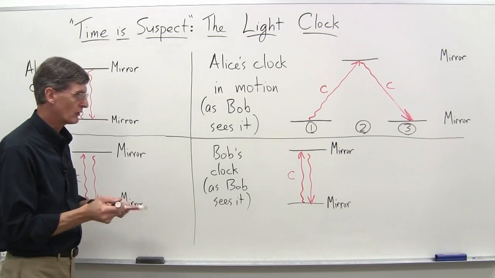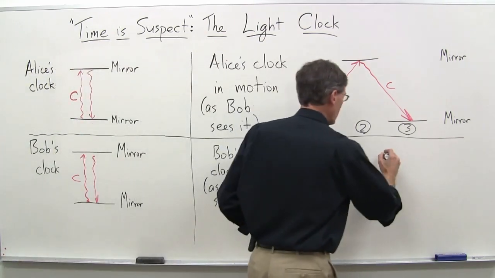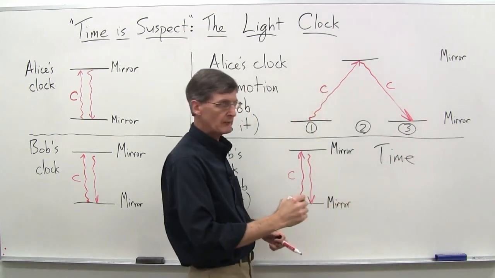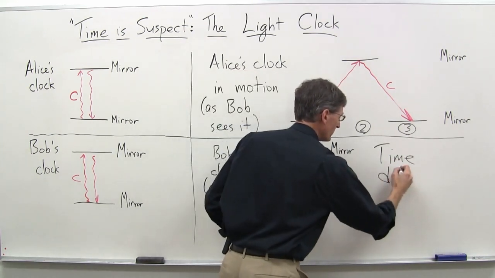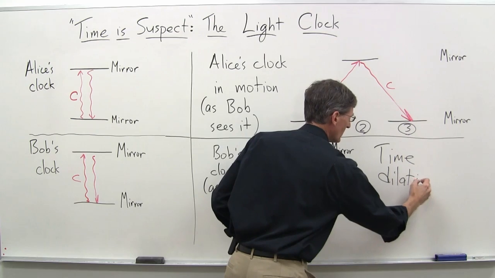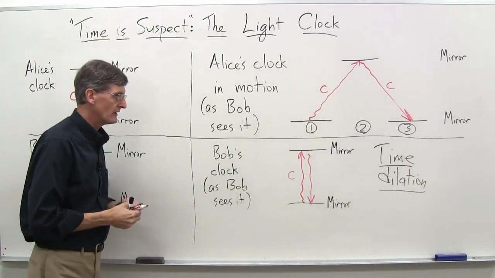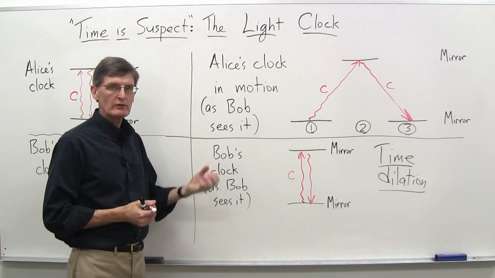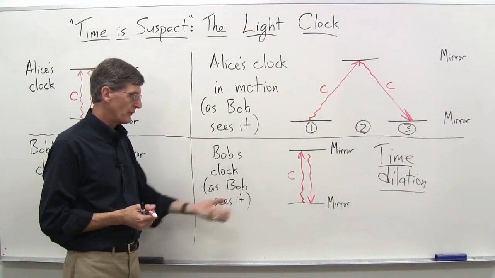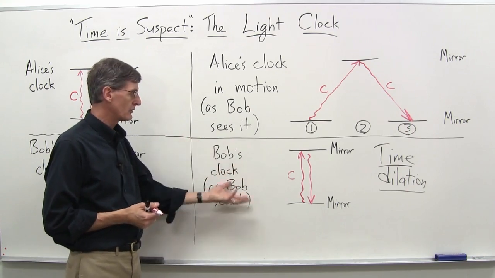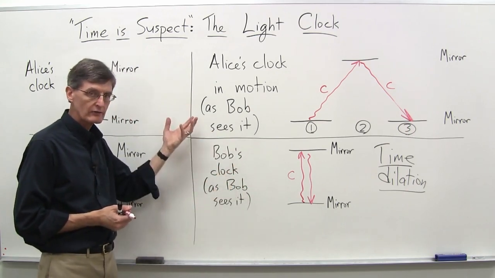We're going to investigate this more, obviously, as I just mentioned. But just to give you the name of this effect that you may have heard about, time dilation. And another way to say this is moving clocks run slow compared to an identical clock that is not moving. So again, we have Bob's clock and Alice's clock, identical clocks.